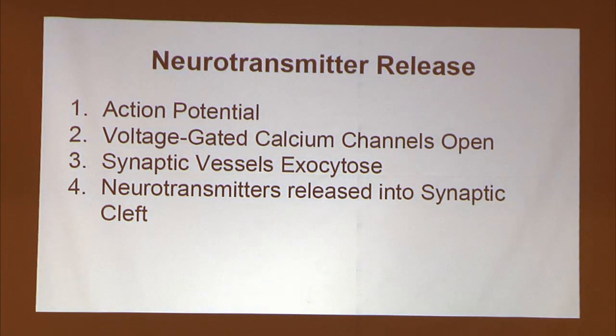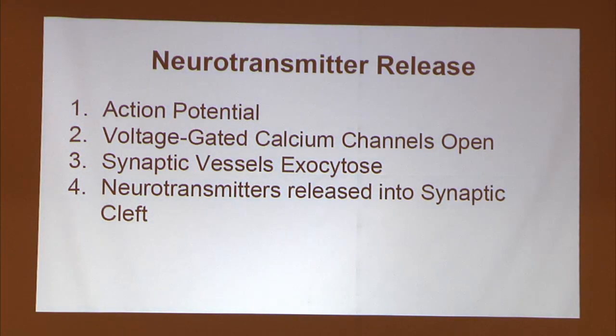Now we know about action potentials, we can talk about neurotransmitter release. These are the four, I guess, main steps. I broke neurotransmitter release into steps. We have that action potential, which is the main thing that sets us off, and that action potential is going to cause a depolarization in our cell.